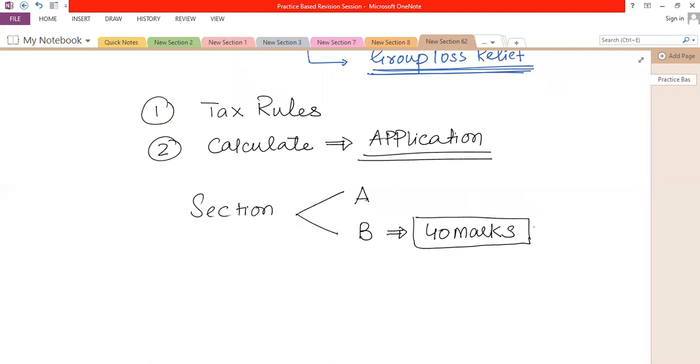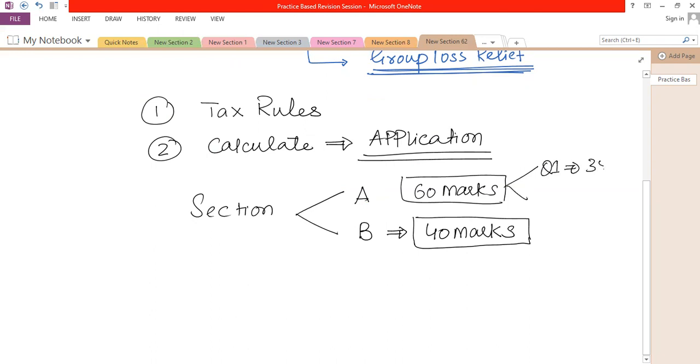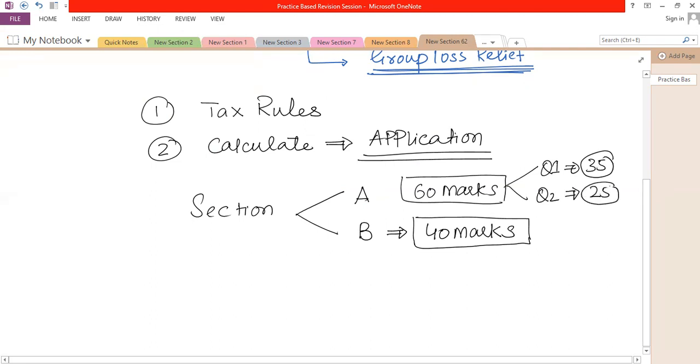Because section B is easy to handle as compared to section A. In section A, we have 60 marks, and in each section, we have two questions, right? Question number 1, that is very lengthy, that is worth 35 marks. Question number 2, that is worth 25 marks.